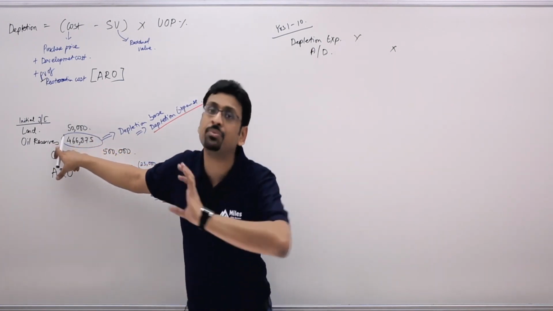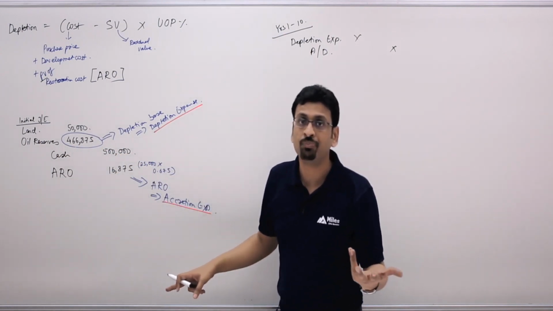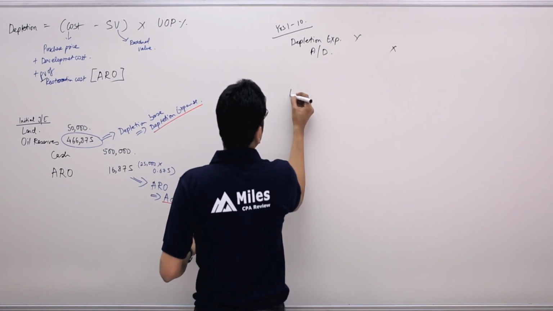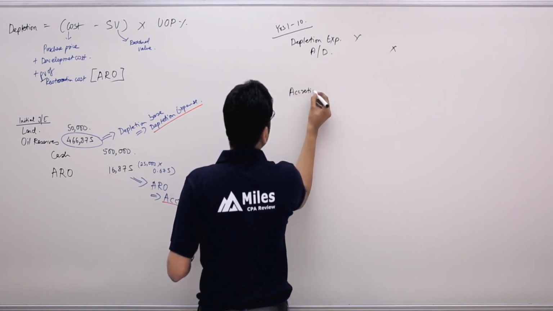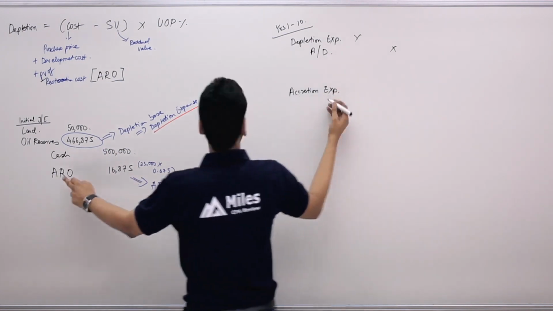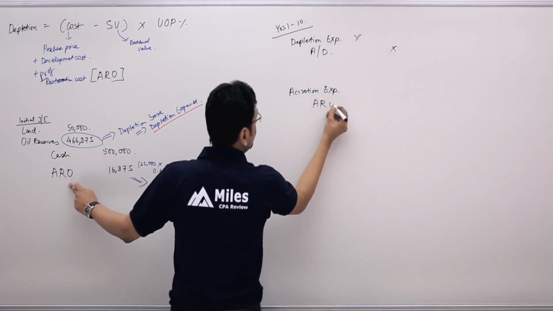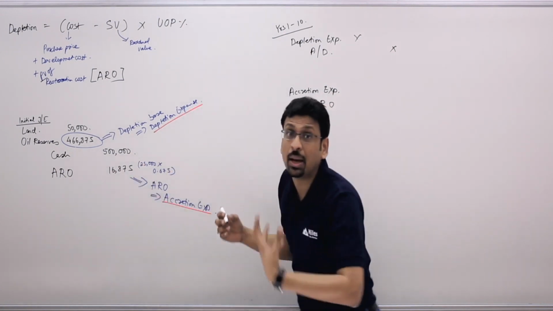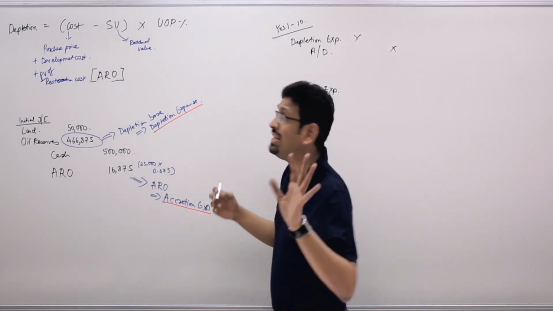So this asset becomes zero after 10 years. Now, along with that, I told you you're going to have an accretion expense. Now, this expense would help you grow your asset retirement obligation. So you're going to credit it further so that this number grows, becomes $25,000 after 10 years.